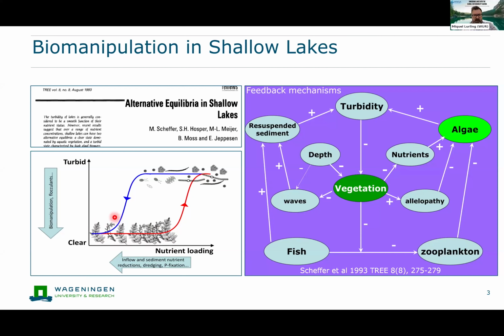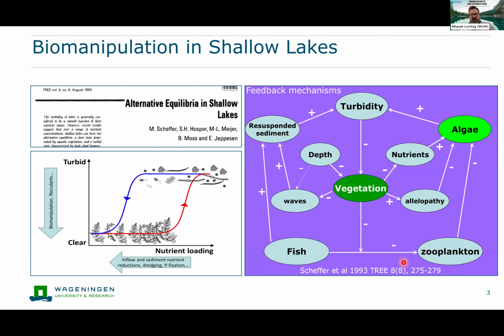The nutrient load reduction was not sufficient to bring the lake back from the turbid to the clear state. So additional measures were considered, and one of those was biomanipulation to reduce sediment suspension by fish and improve the underwater light climate to support vegetation.